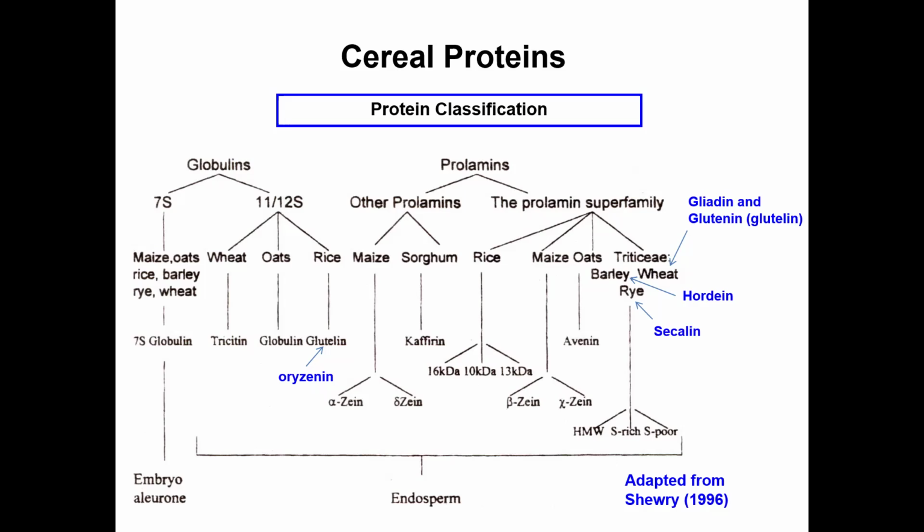The functional proteins are your prolamins, where in wheat, you have the gliadins and glutenins. And then the main prolamin in barley is hordein, in oat is avenin, in corn is zein, kafirin, and so on.